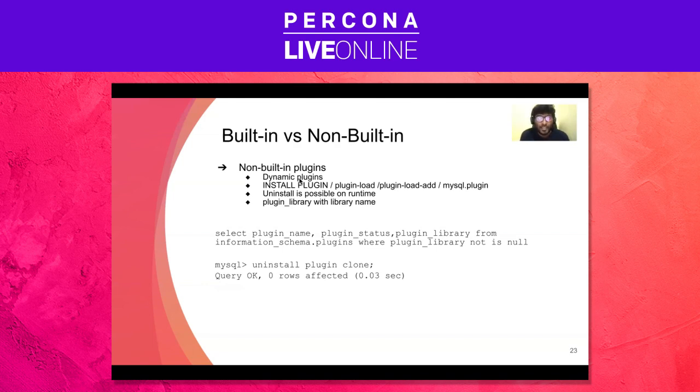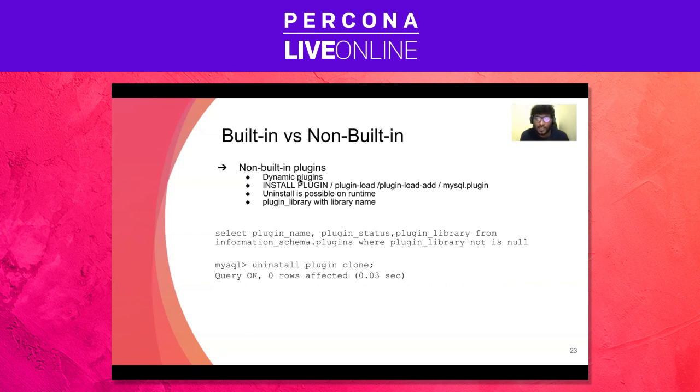And the non-built-in plugins are the dynamic plugins. You can manually install them using the INSTALL PLUGIN command, and you can load the plugins using --plugin-load, --plugin-load-add, and the mysql.plugin table, and you can also install using the mysql_plugin utility.